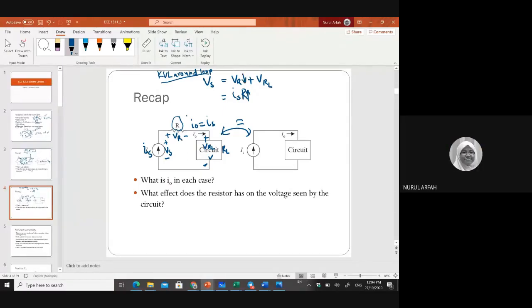Decrease. IS will decrease, right? So the VRL here on the right side will be increasing because this plus this will be equal to Vs. So just play around with the equation and then you will get the answer. Okay, good. And both are correct.